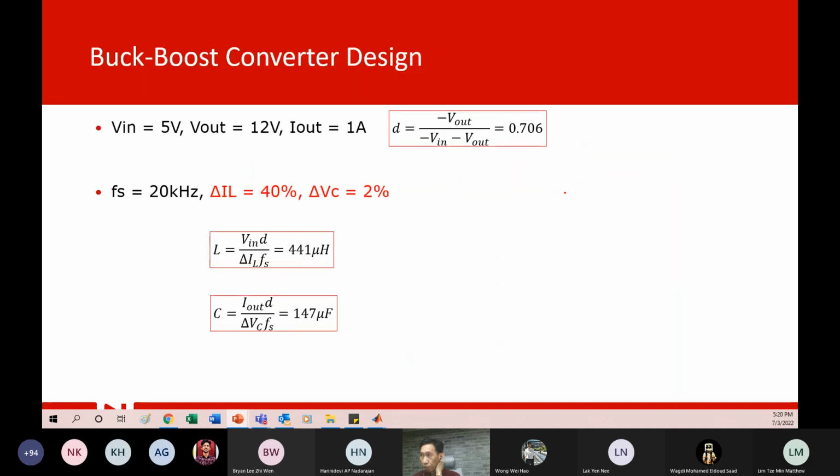And then similarly, we come to the design. To calculate the duty cycle, the input is 5 volt and the V out is 12 volt. So input is 5, output is 12, that means it operates in the boost mode.